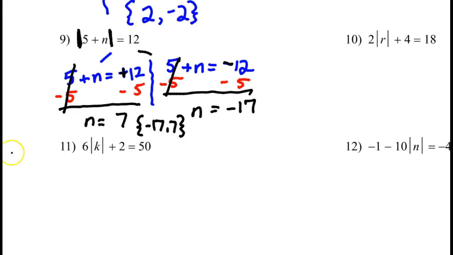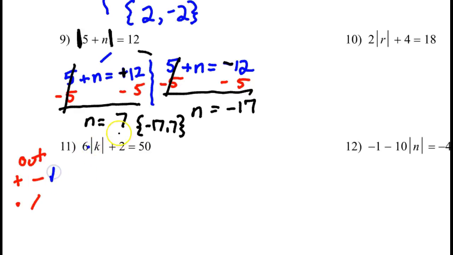So here's what we're going to do. Anything that's outside, right? That's first adding or subtracting. We're going to get rid of that first, and then anything that's multiplying or dividing, we're going to get rid of that second. So for instance here, we have a plus 2, and we have a times 6. So in this order, we're going to get rid of adding, subtracting first.